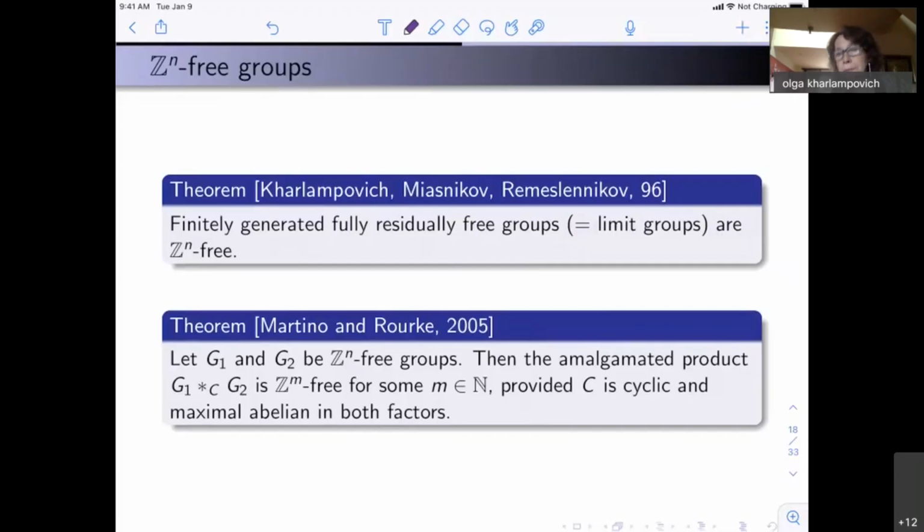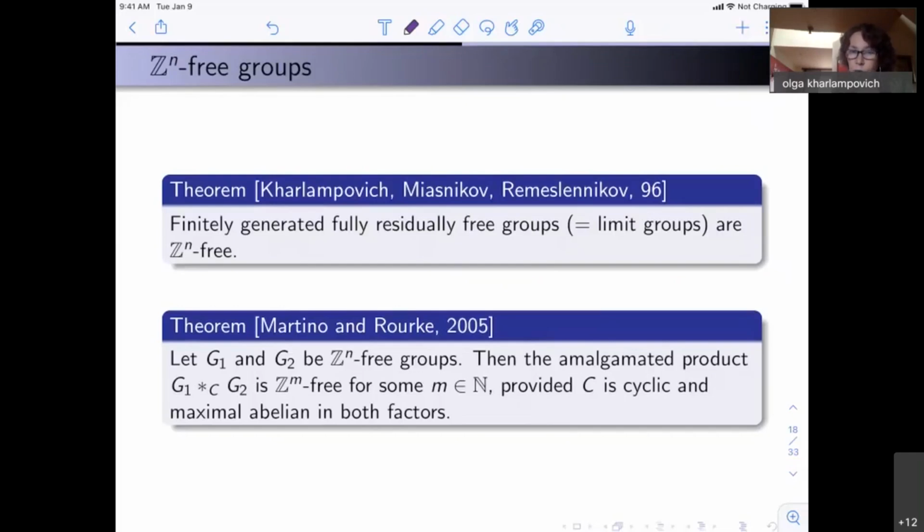Also, it is interesting to know which constructions preserve this. It was a lot of work, not extremely successful. Suppose we have two Zn free groups. What happens if you take an amalgamated product or HNN extension?